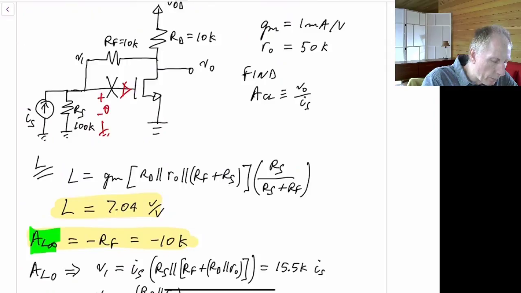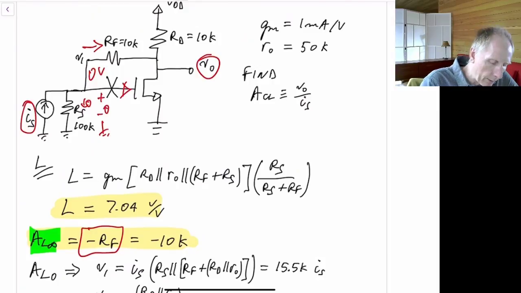So it goes to 0 volts here, which means that there's no current that goes down through RS. So this will go to 0, and all of IS will flow in this direction. This is 0 volts, so the output voltage V out will just be equal to minus RF.